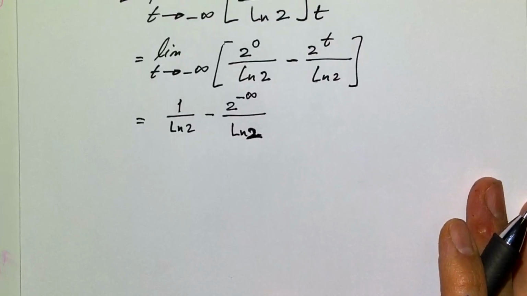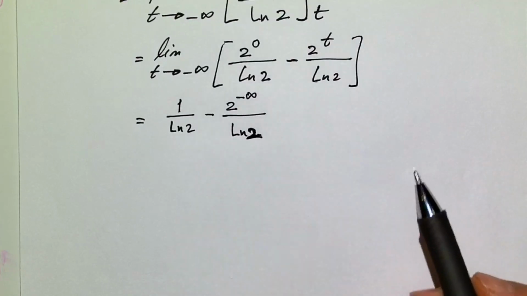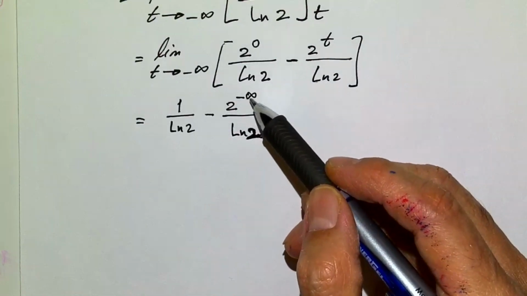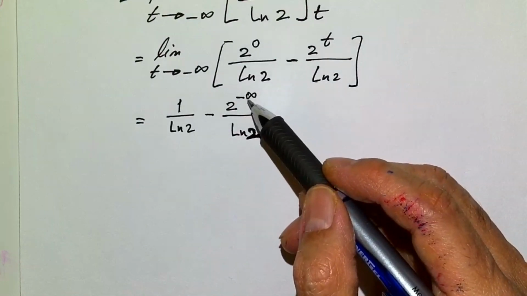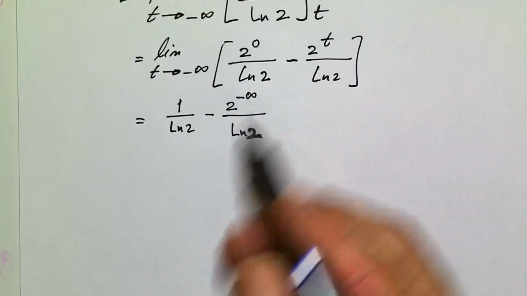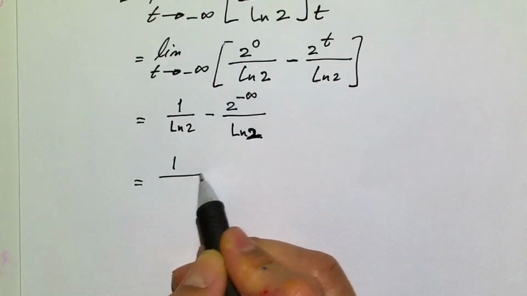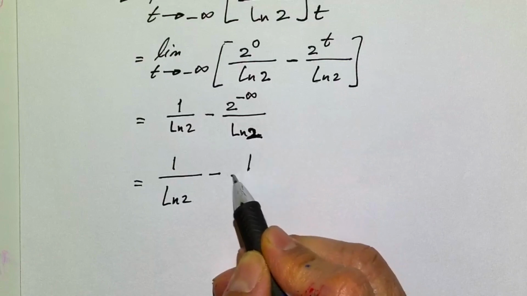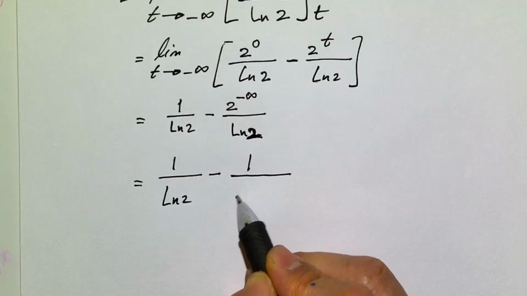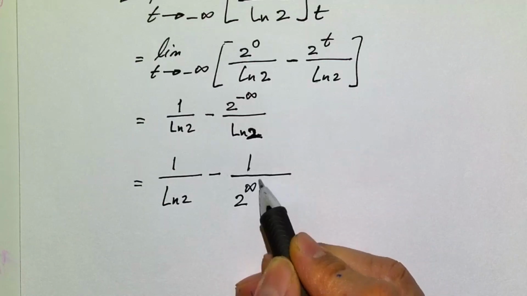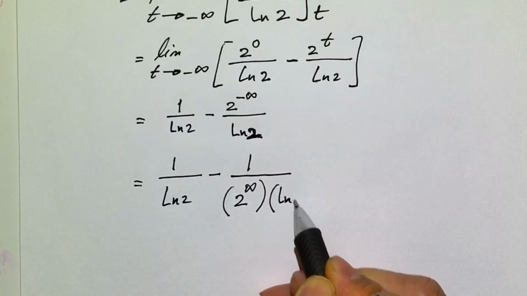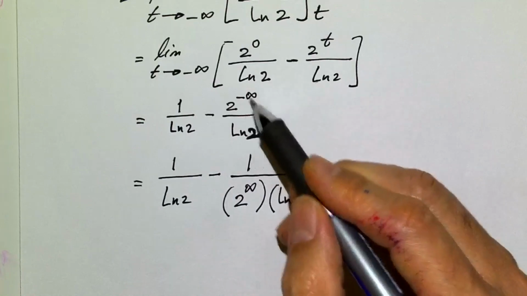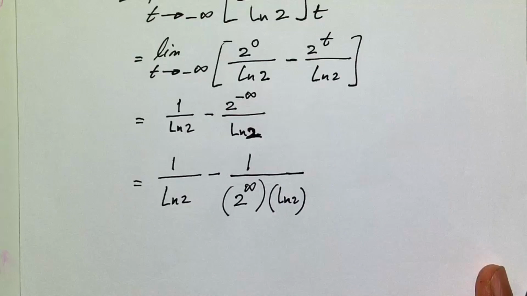Do you see where this is going? This is a negative infinity power, so let's put this in positive infinity power. We get 1 over natural log of 2 minus 1 over 2 to positive infinity times natural log of 2. This is just rewriting with a positive power.